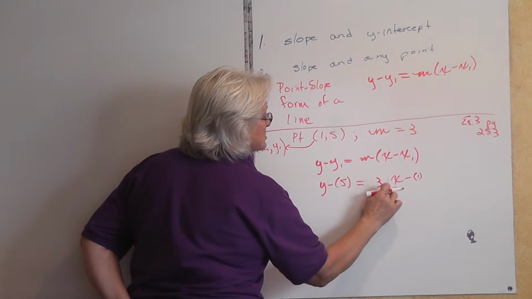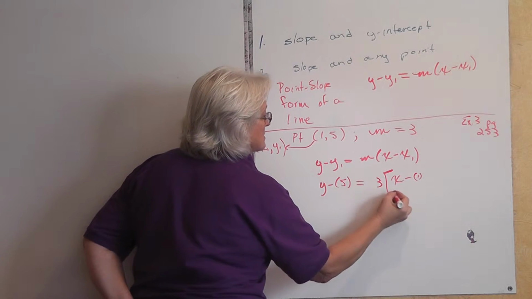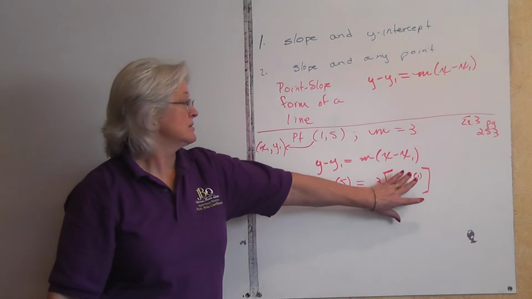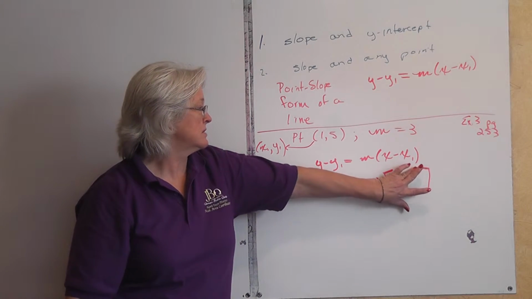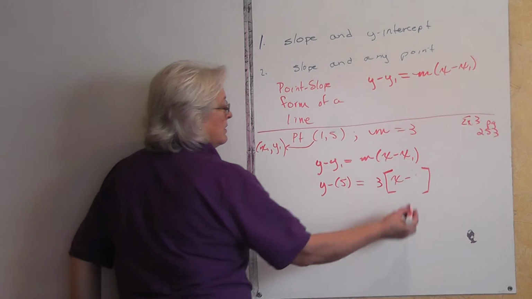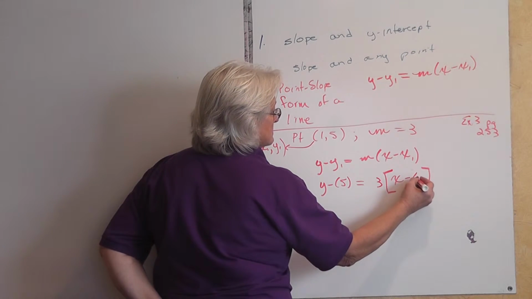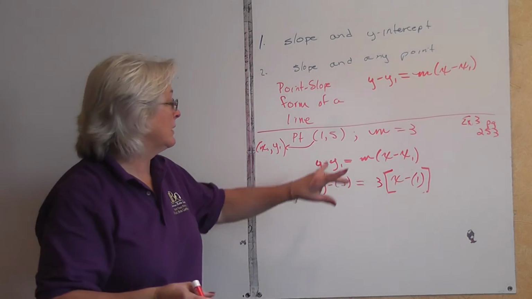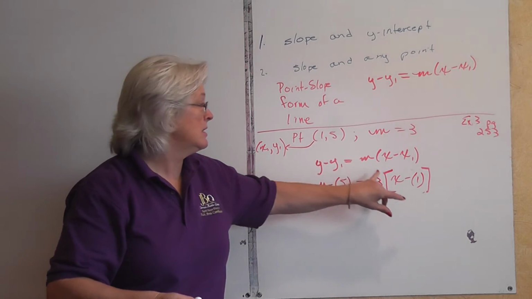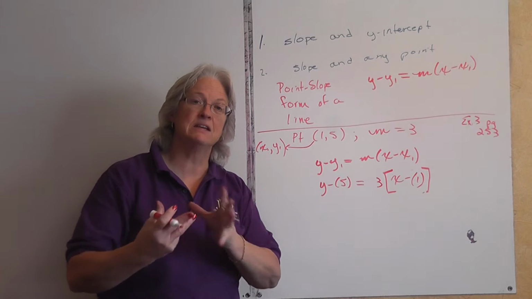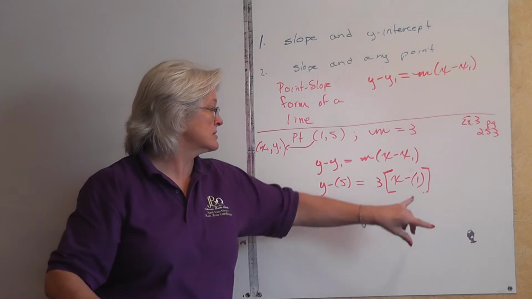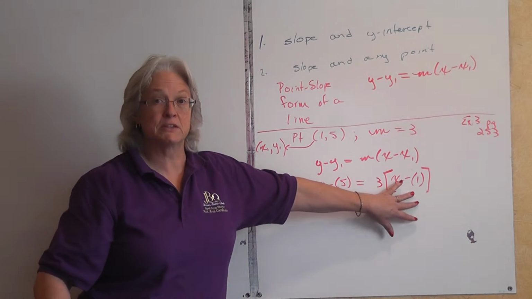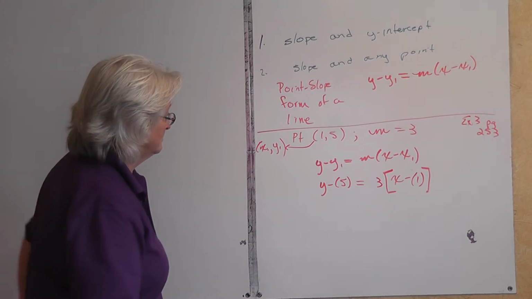Go ahead and I'm going to change this parentheses into a bracket here so that I can close my x sub 1 value in parentheses. Doesn't matter for this problem because our values are positive, but if this had been a negative, it's easy to lose your negative signs, so if you do your substitutions with parentheses, you'll be further ahead.